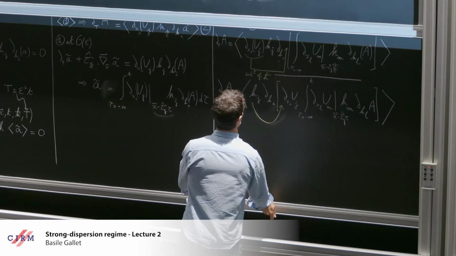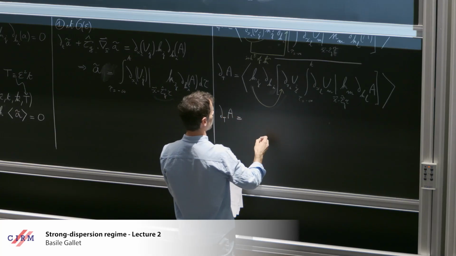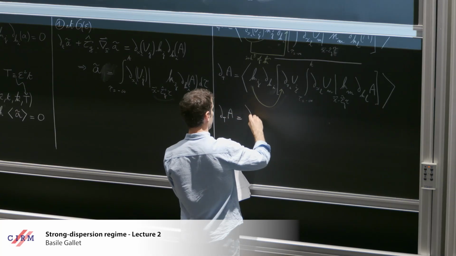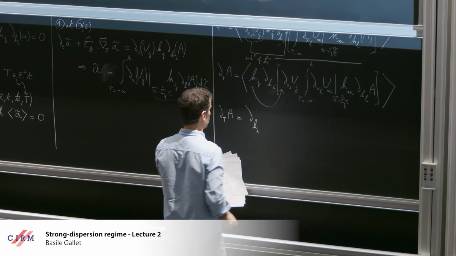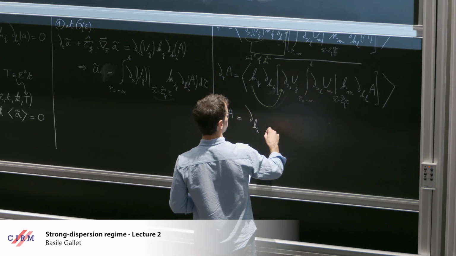Okay, so now dt of A is dki. So it's starting to look like the divergence of a flux in wave number space.